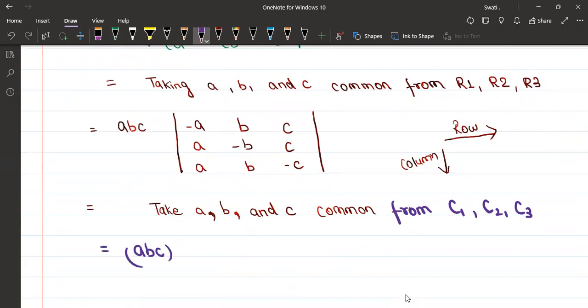Now I'm taking A common from the first column. Inside the determinant, in the first column we have minus 1, then 1, then 1, because a is outside.